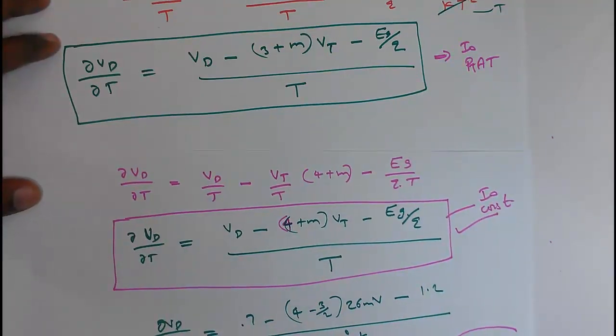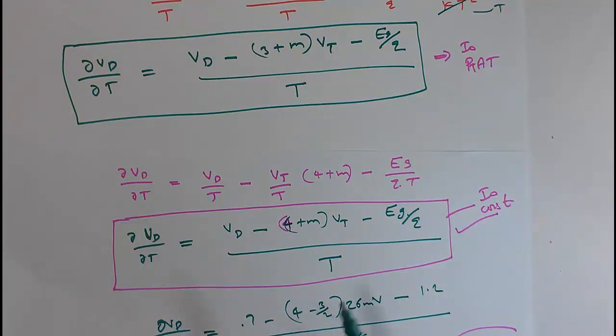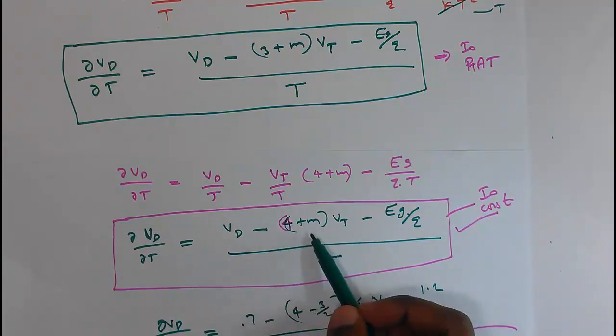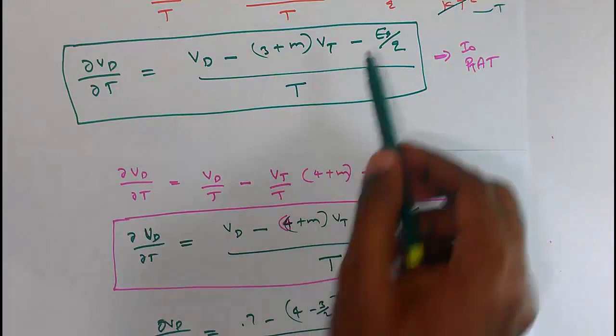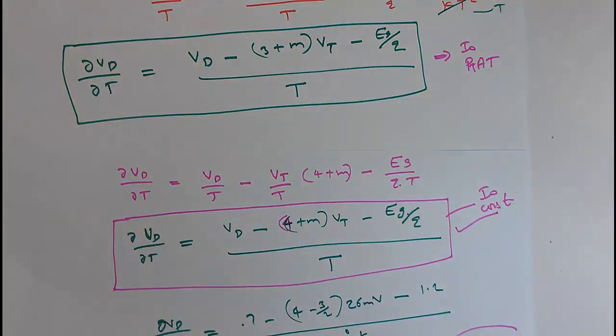So by comparing these two equations, the only difference among the two is that here it was Vd minus (4 + m) into Vt, but here it is Vd minus (3 + m) into Vt. So the difference is that 4 became 3.